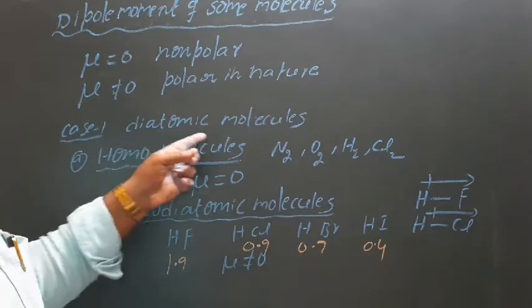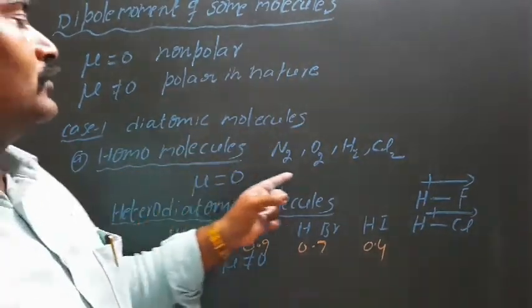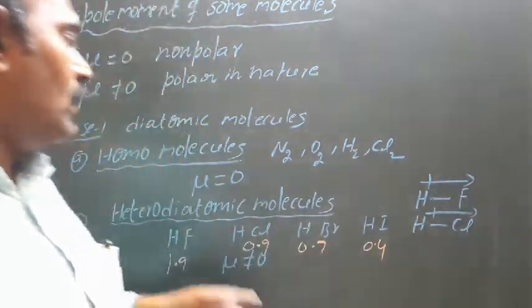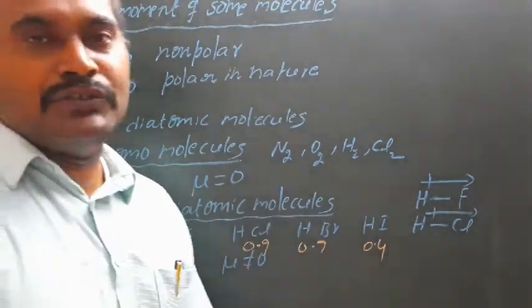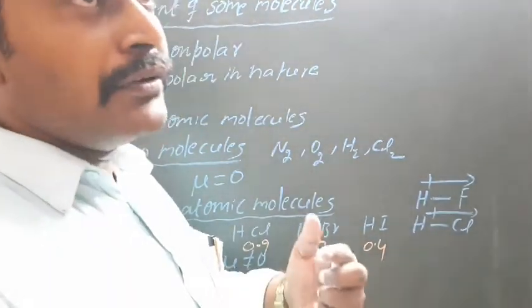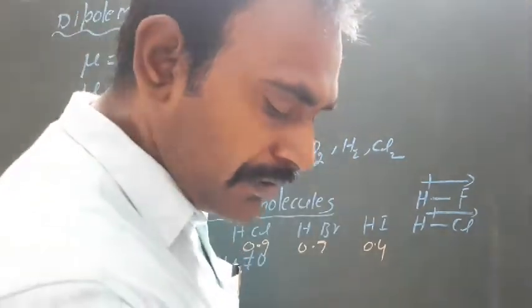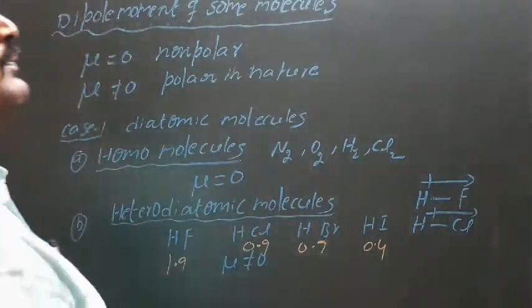So in diatomic molecules, homo molecules have dipole moment 0, and heterodiatomic molecules never have dipole moment 0 because an electronegativity difference is present between the two atoms.